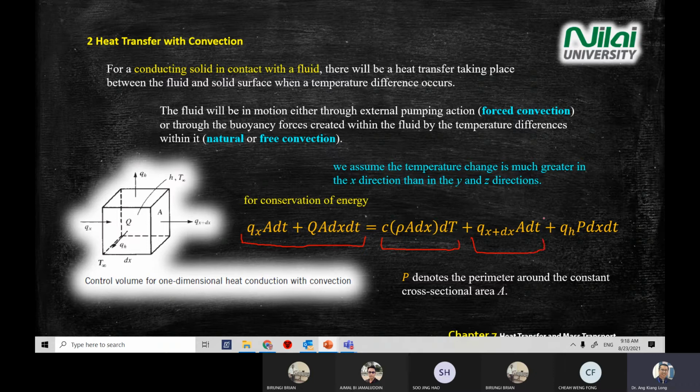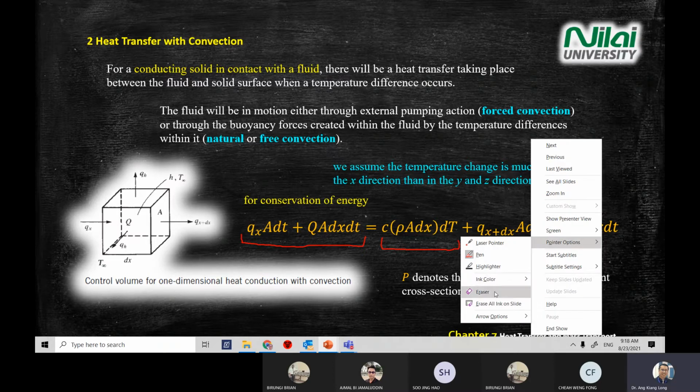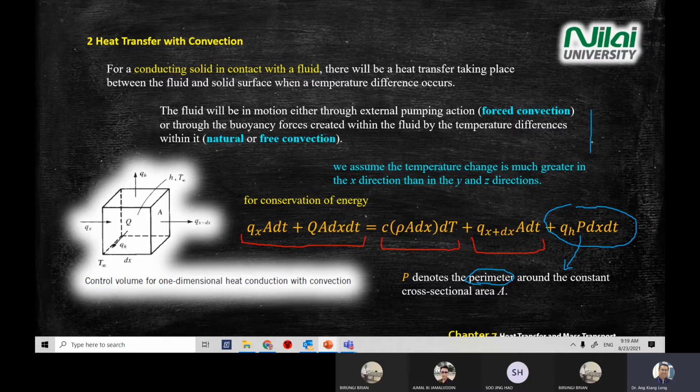However, when it comes to conduction with convection, there's something added to the equation. I highlighted it in blue. You see, we add QH P dx over dt. Again, what is P? Need to take note. P is perimeter.